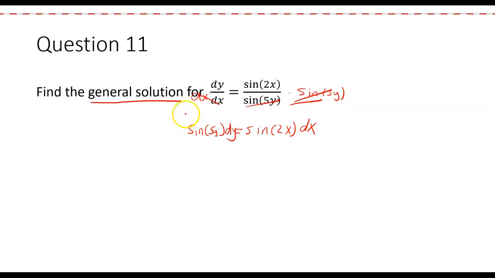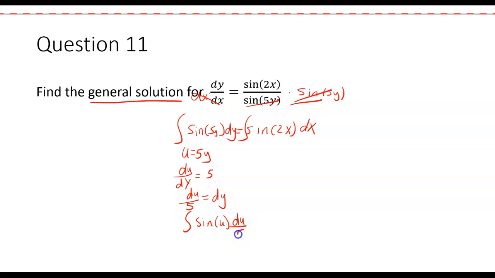Now we need to integrate both sides. To integrate these, we're going to have to do a little bit of u substitution. Just buzzing through this because this is all old news to us. We've done this stuff lots of times. For this one over here, my u will be a different number.